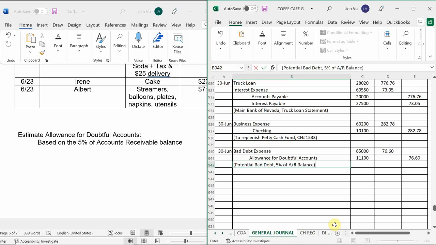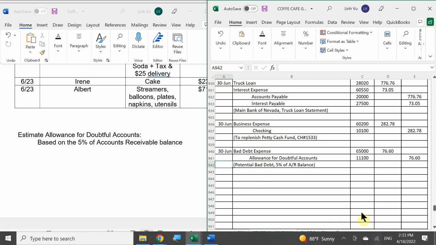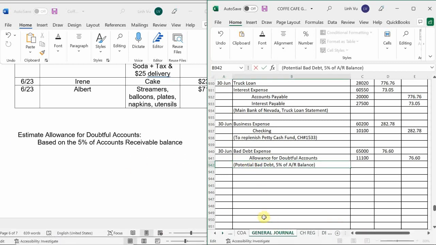Or you can write to write off bad debt, which could be a better one too. To write off bad debt, 5% of accounts receivable balance.